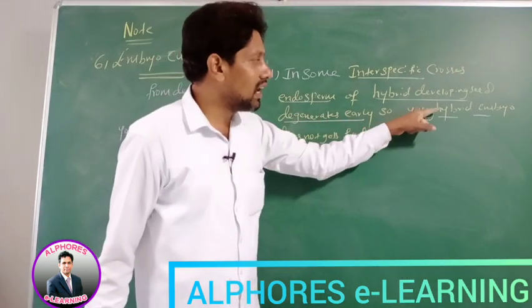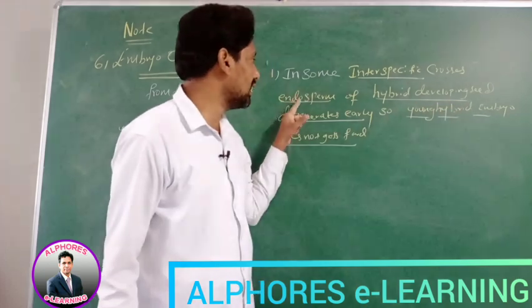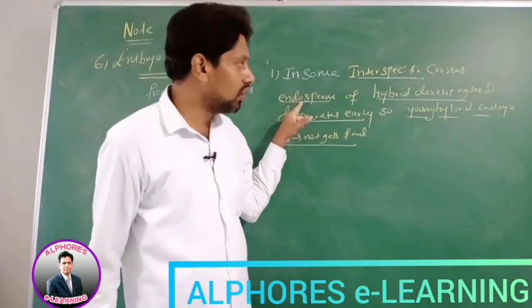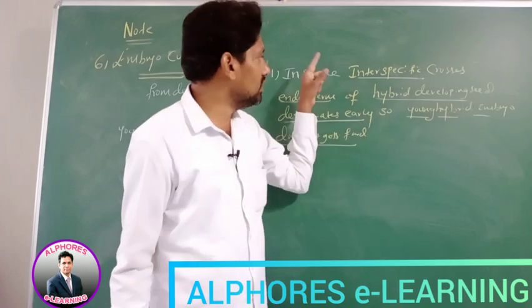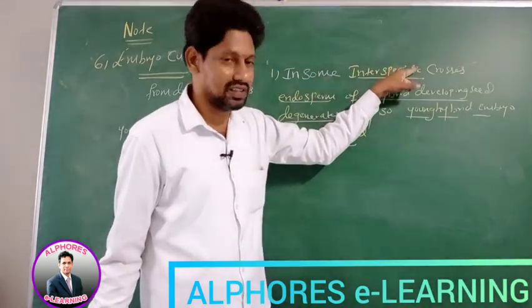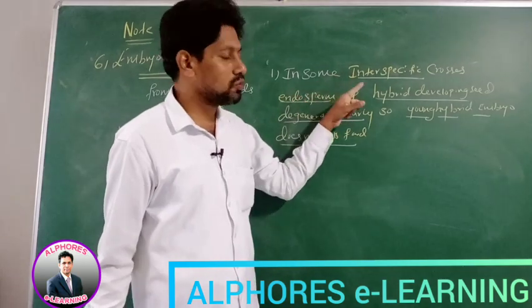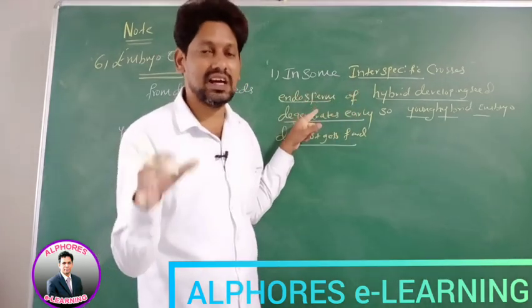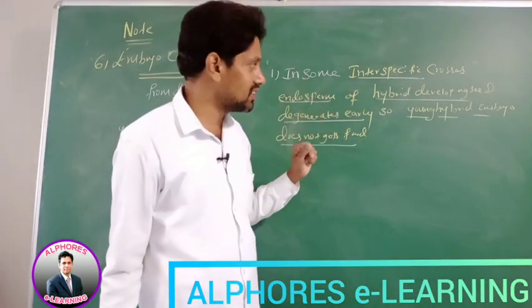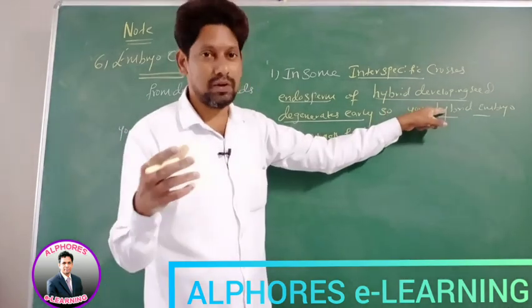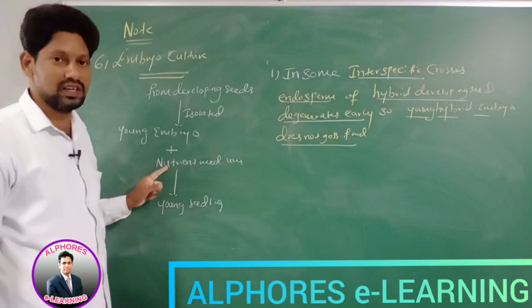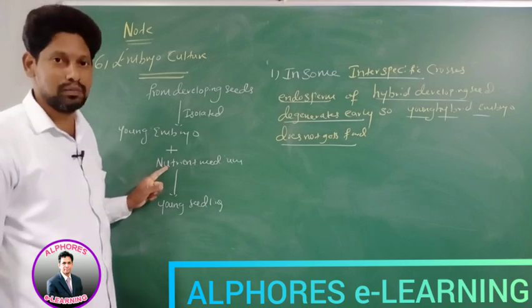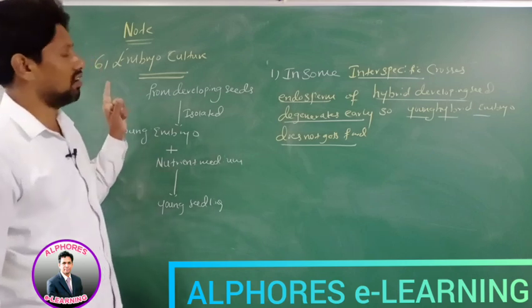So the young hybrid embryo is not getting food and starts disintegrating. In such interspecific crosses, the young hybrid embryo is isolated and grown on a nutrient medium. What is this culture called?